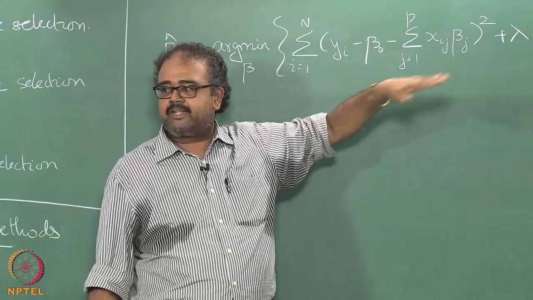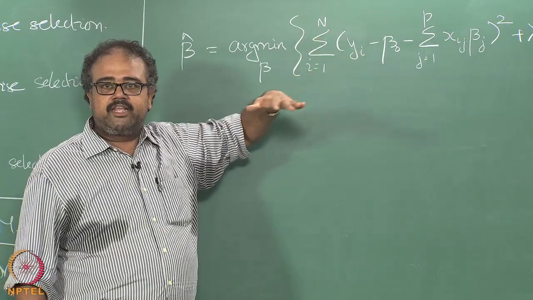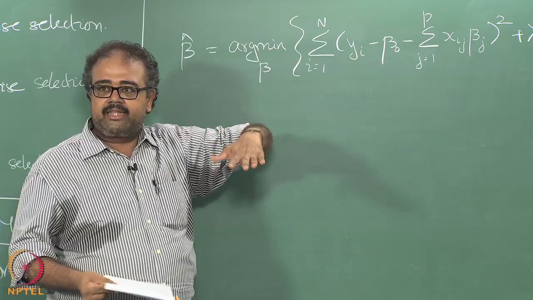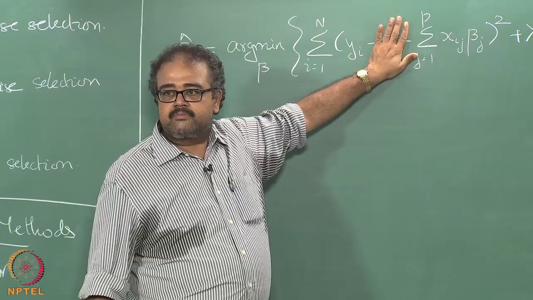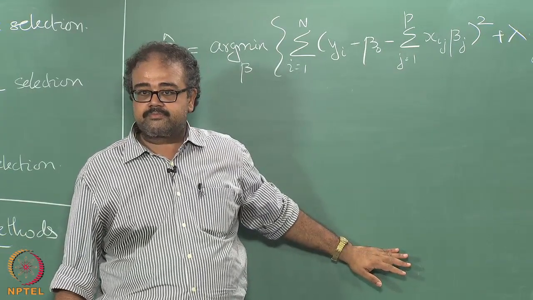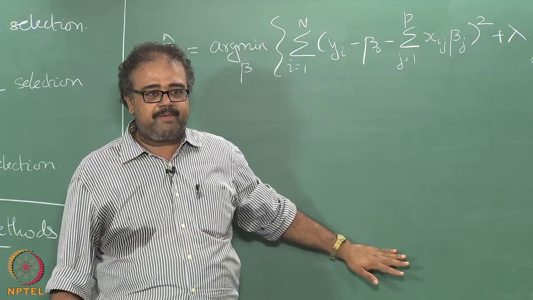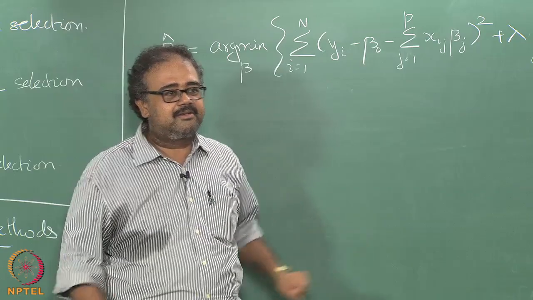So this will give me a centered input, and then I will just do regression on this centered input where there will be no beta naught. So from now on when I write x, it is an n cross p matrix where the input has been centered.